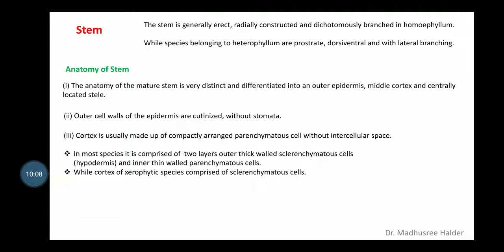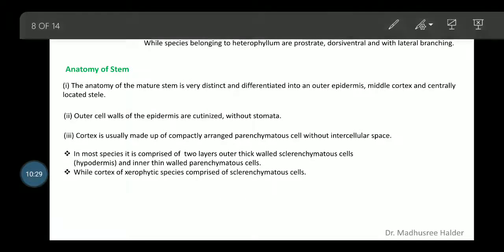Cortex is usually made up of compactly arranged parenchymatous cells without intercellular space. In most species, it is comprised of two layers: outer thick-walled sclerenchymatous cells, that is hypodermis, and the inner thin-walled parenchymatous cells, while the cortex of maximum xerophytic species comprised of sclerenchymatous cells.